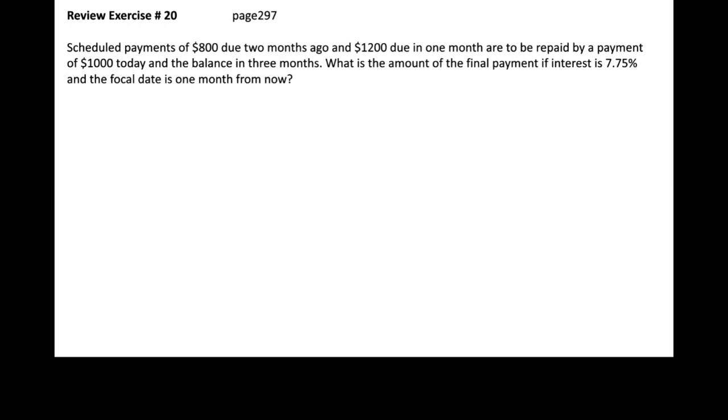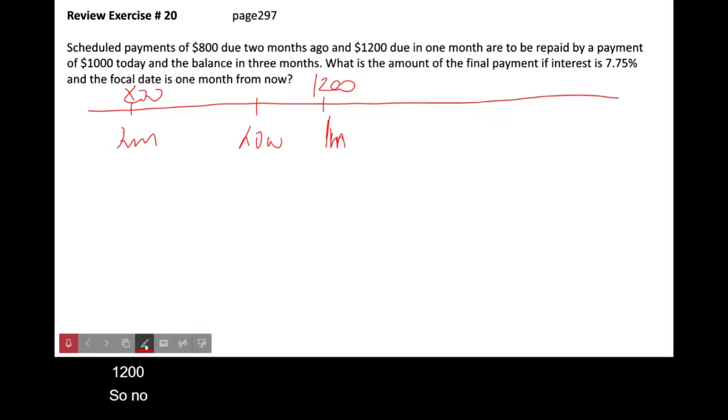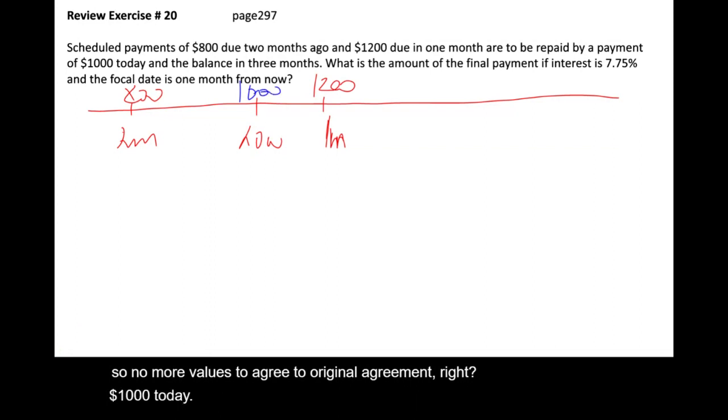Okay, so let me do it. Two months ago, 800. Now, 1 month, 1200. So no more values in the original agreement, right? $1,000 today and the balance in 3 months.